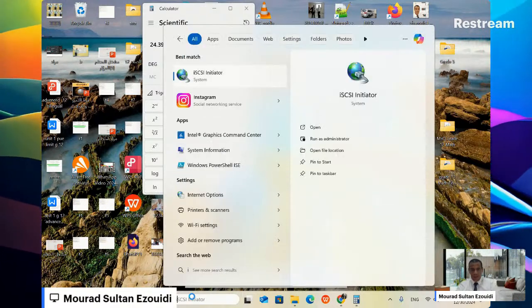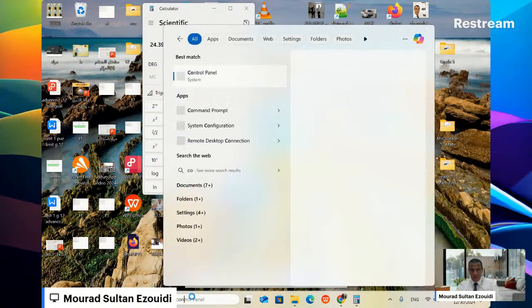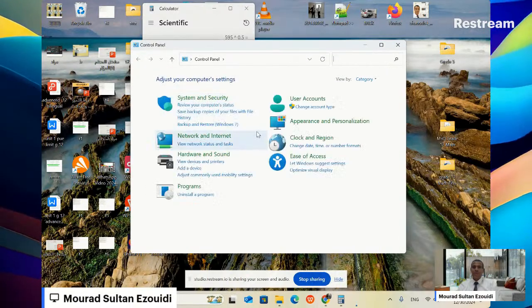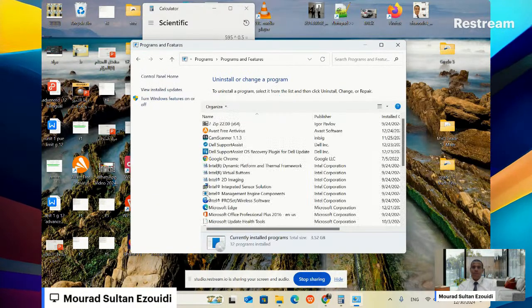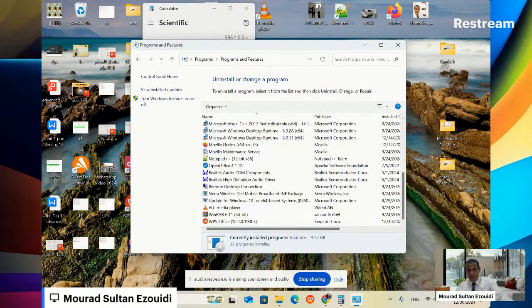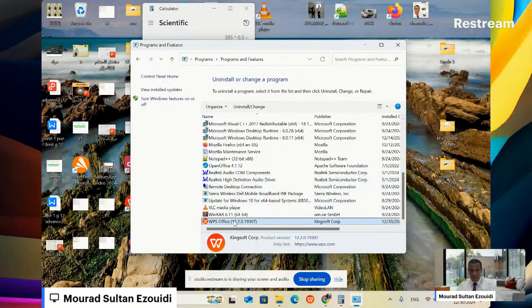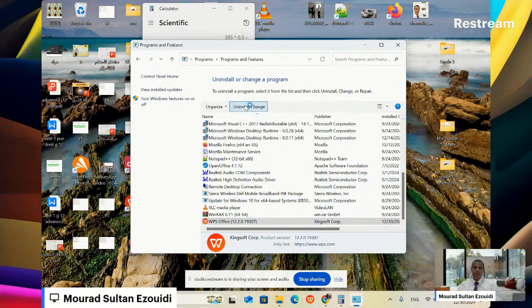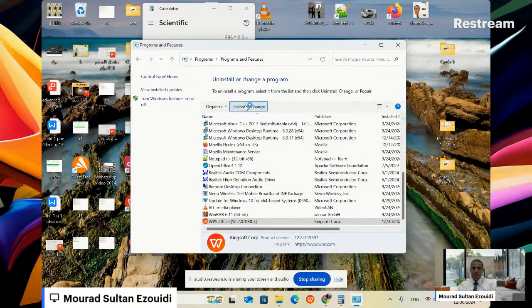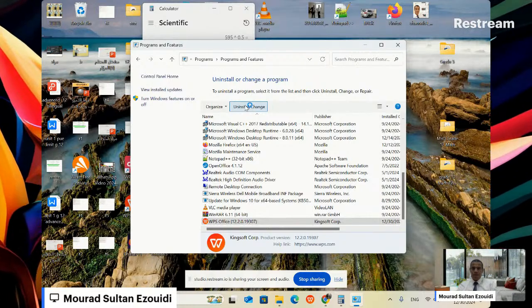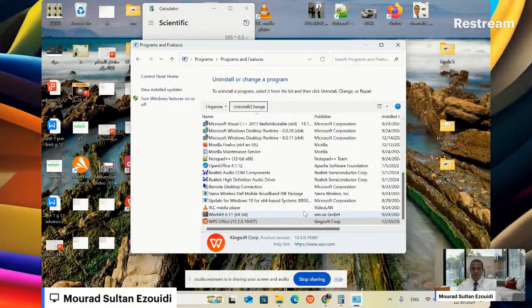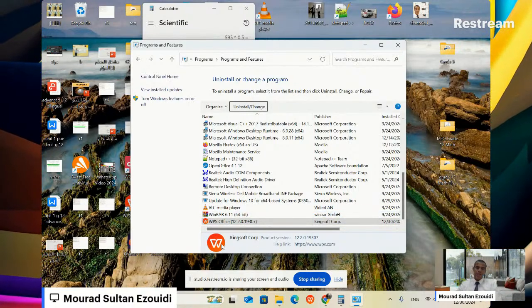Sorry, control panel, install program, where is it? This one, go to it, install. Yes, okay. Let's install this.